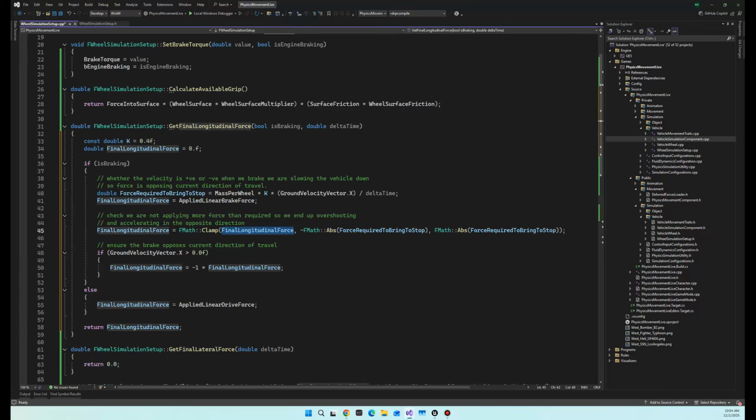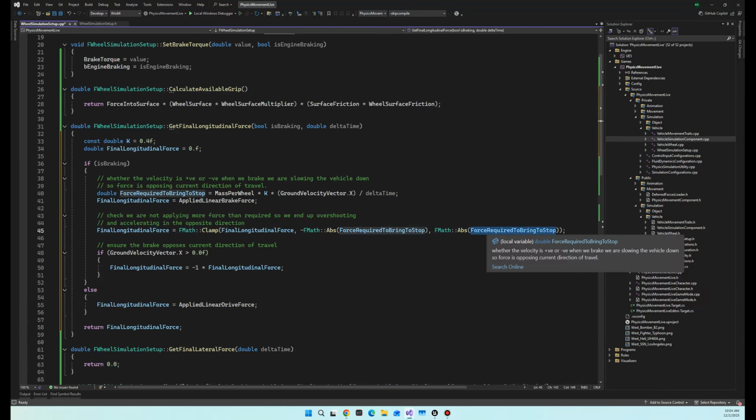We're going to take the absolute value of the force required to bring this thing to a stop, and we use both negative and positive. So we're going to check to make sure we're within those tolerances. If we're in those tolerances, then that's going to be our final longitudinal force. If we're outside of those tolerances, it will either be this, which will be negative, or this, which will be positive.